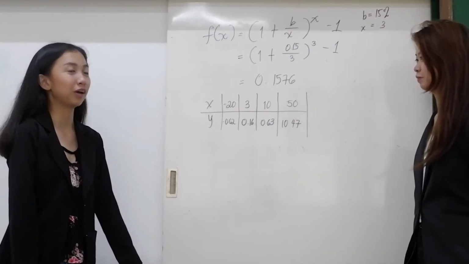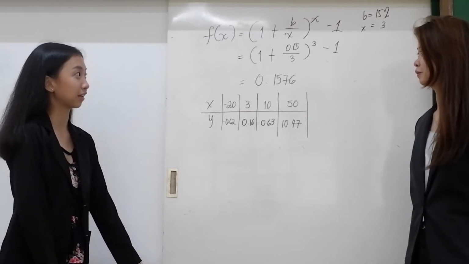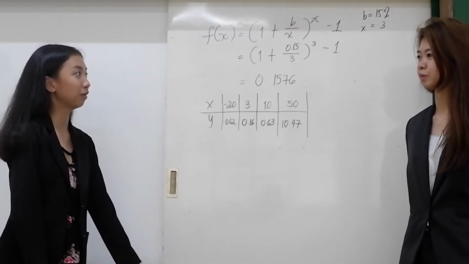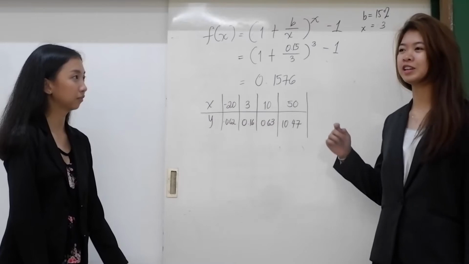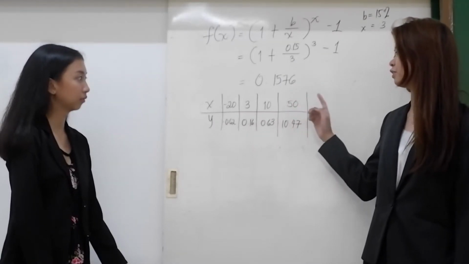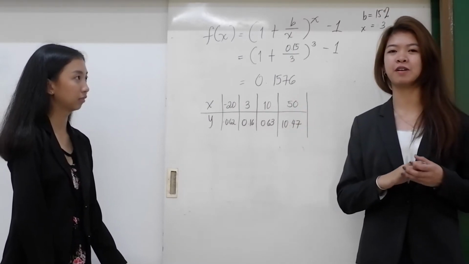In this function, we have substituted 15% to b and 3 to x. As we've done that, we have gotten the value 0.1576. We use this value to find the other test values, which are negative 20, 10, and 50. We use bigger numbers so that we can see the behavior of the graph.